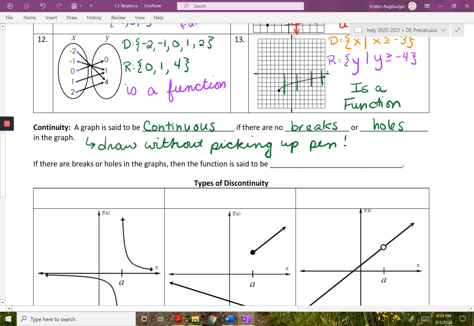I don't need to take it off the page. It would go on and on and on. Technically speaking, it would go on forever, either to the left or to the right. There would never be a time for me to pick up a pen in order to draw the graph. If there are breaks or holes in the graph, then that function is said to be discontinuous.